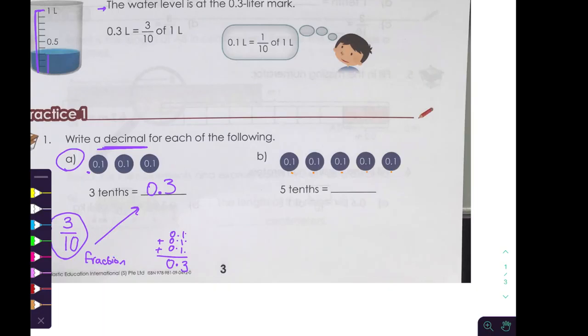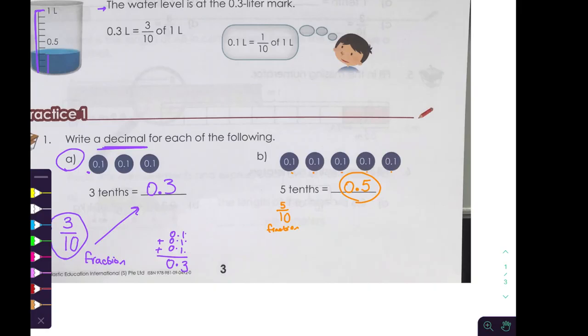Then we do the same thing, 5/10. That's the fraction form. Now they're asking for the decimal form. So it will be 0.5. That's it. This is a decimal format.